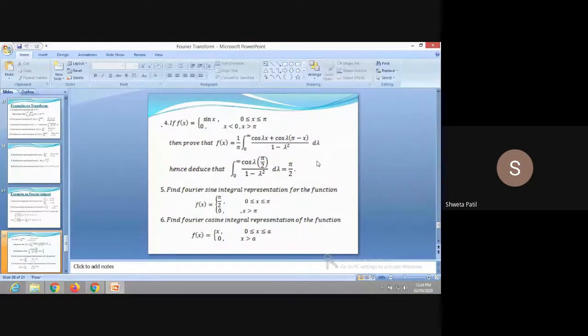Okay, integral from minus infinity to infinity, f of lambda. So this whole f of lambda, I will write as 1 upon 1 minus lambda square into cos of lambda x plus cos of lambda into pi minus x.